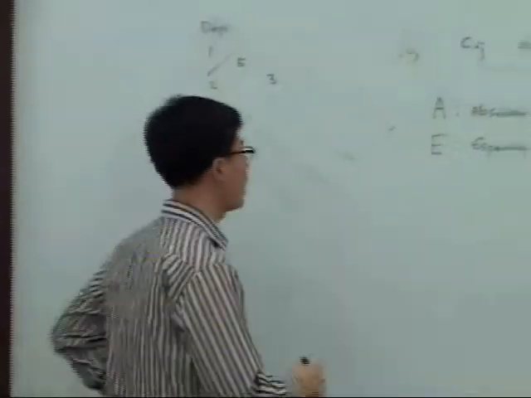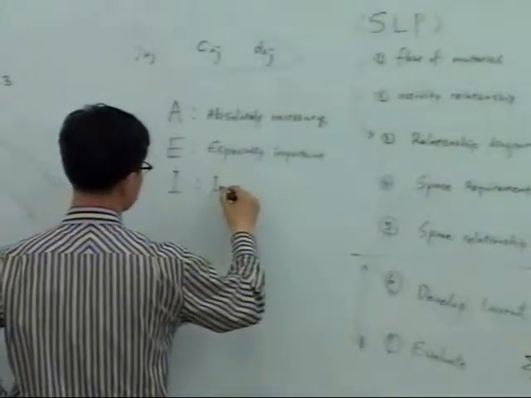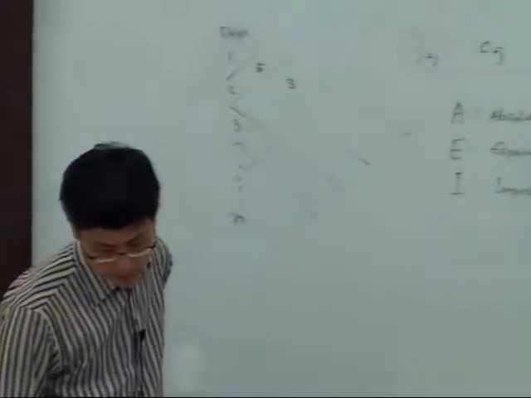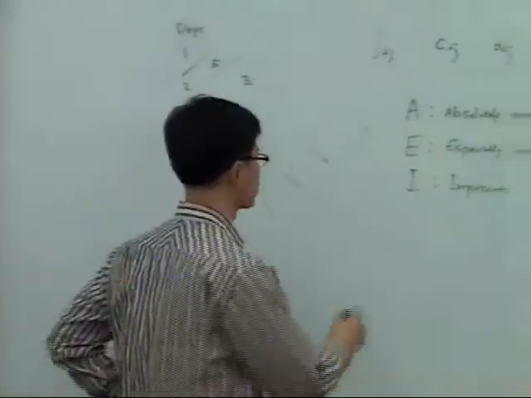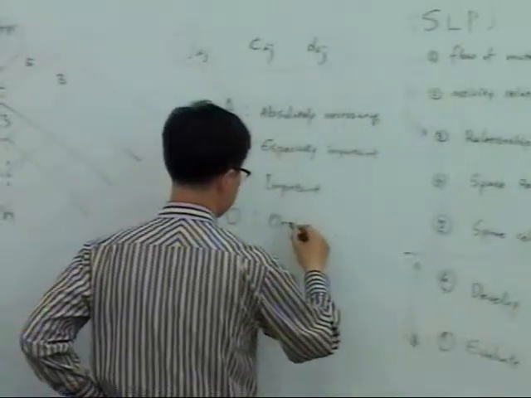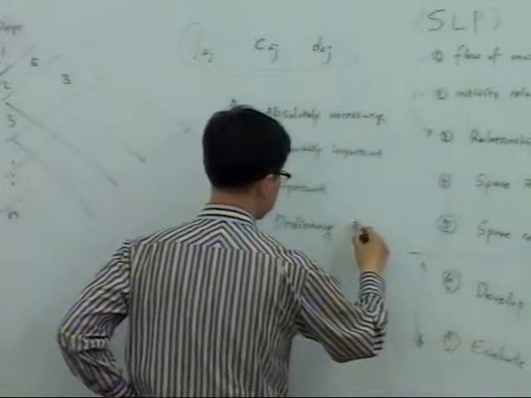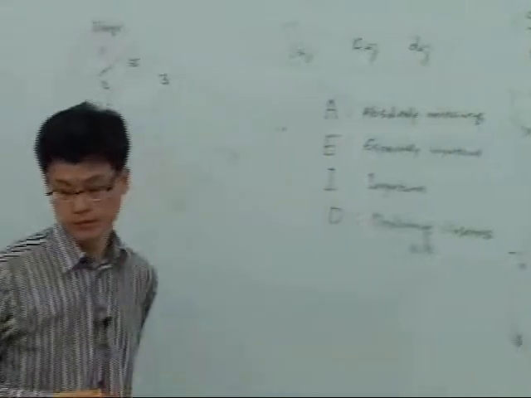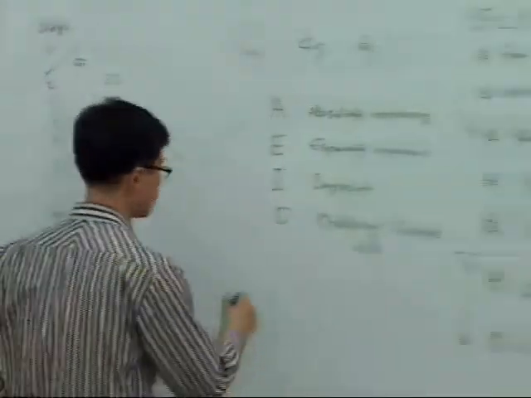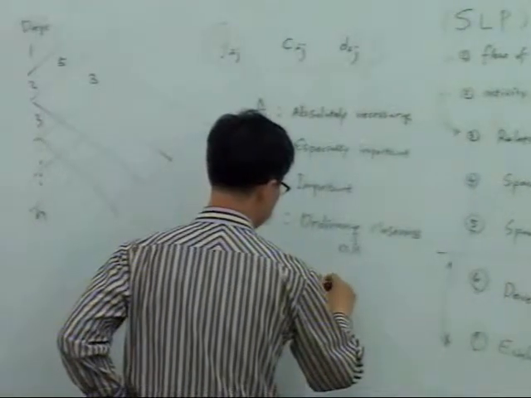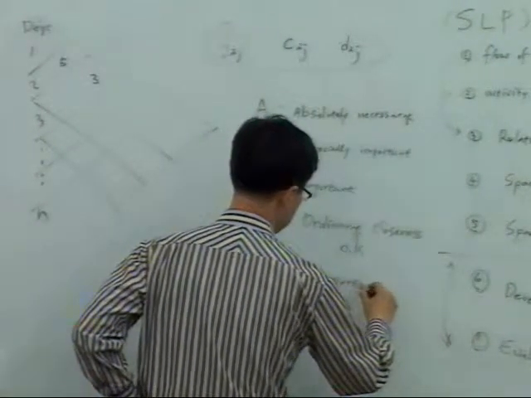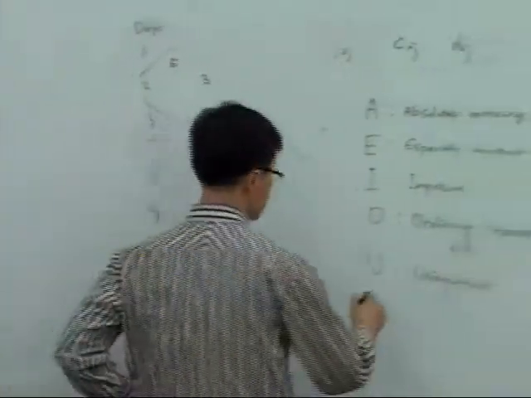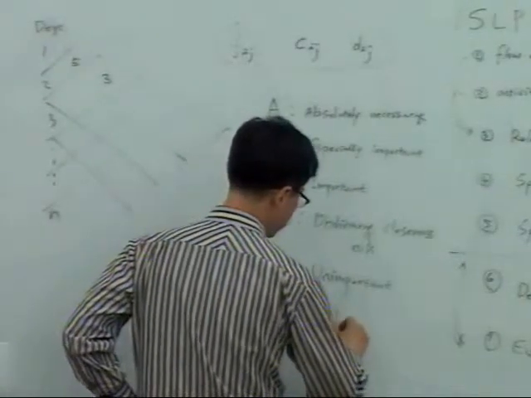The next one is I, which stands for important. And the next is O, which means ordinary closeness. Next one is U, unimportant. And the final thing is X, which means undesirable.